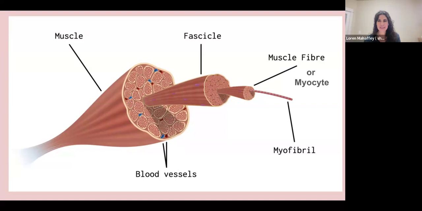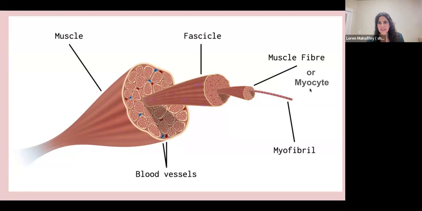So muscles are basically constructed like a really well-made rope, and their finest parts are thousands and thousands of these parallel threads called myofibrils, okay, which are bound together. So all these little myofibrils are bound together to create what's called a muscle fiber, or also the same word used for a muscle fiber is a myocyte.